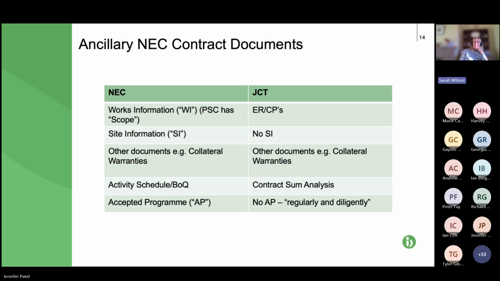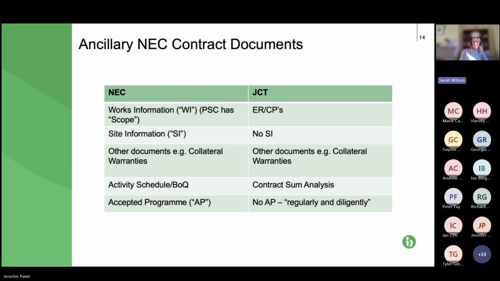Just be careful though, because the activity schedule or bill of quantities is all about getting paid for that work. It's not to be used, of course, for pricing any compensation events, because as we've seen under NEC, compensation events are priced using that schedule of cost components at the end of the contract in conjunction with the figures and percentages in the contract data, and it's predominantly in the contract data part 2.